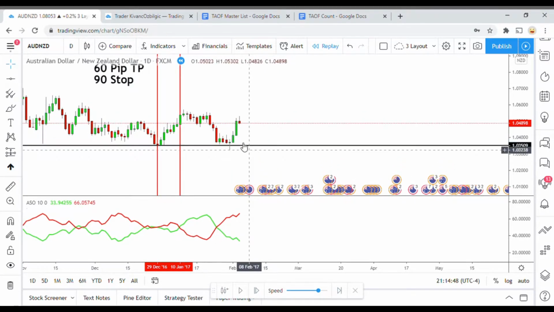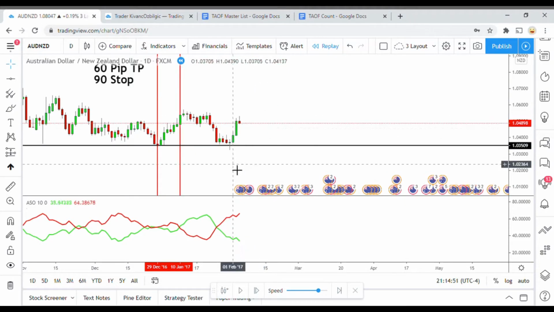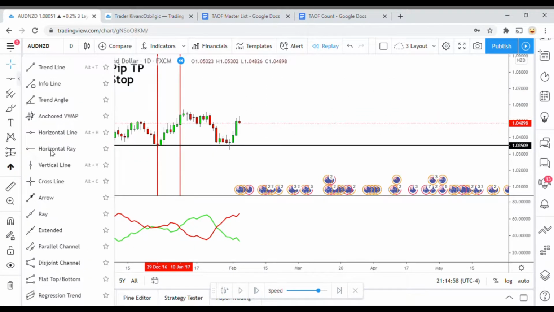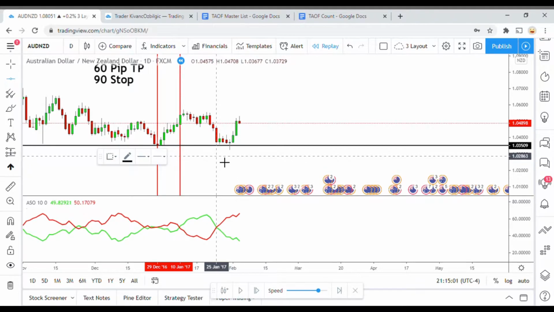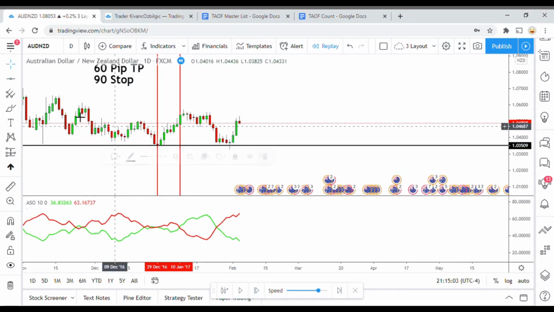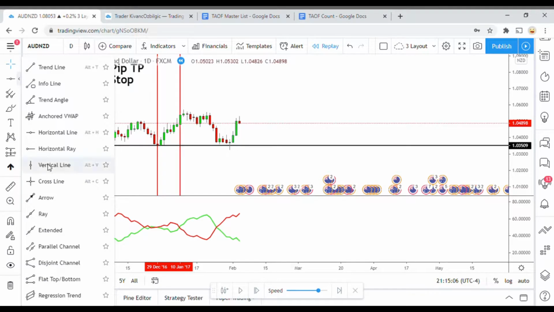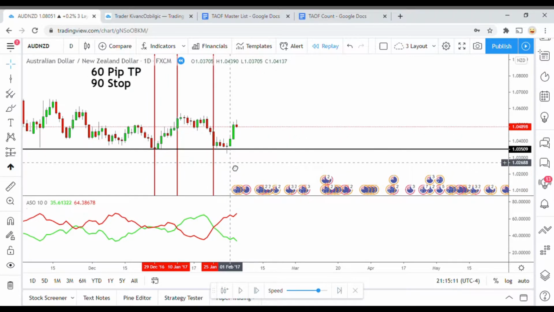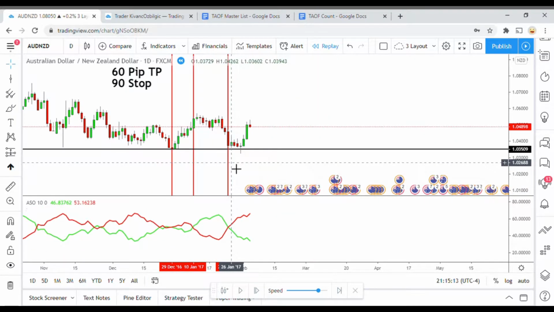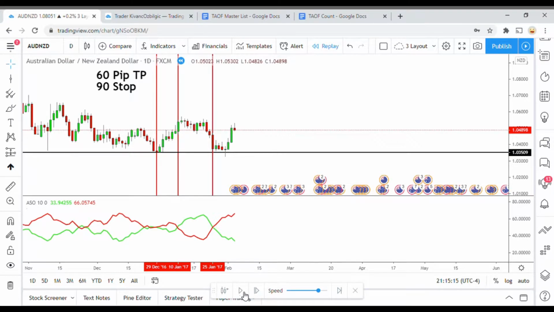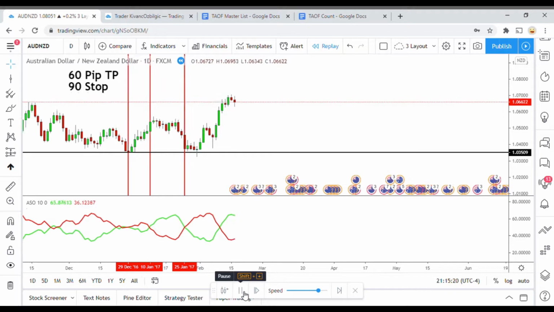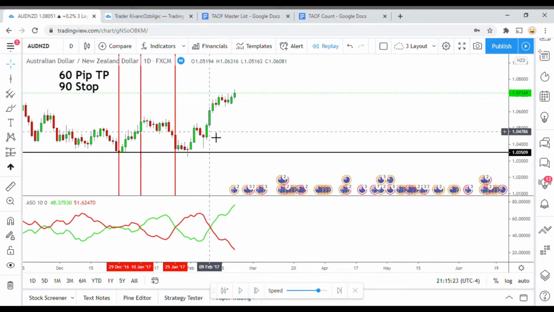Yeah, as I suspected, came down, bounced over the support line here, and then immediately rejected it and turned around and shot back upwards. So unfortunately, that is another loss that we have experienced there.